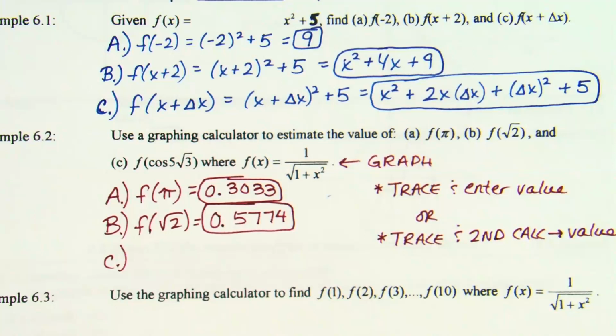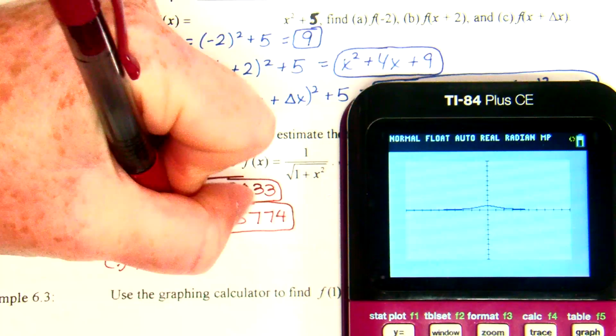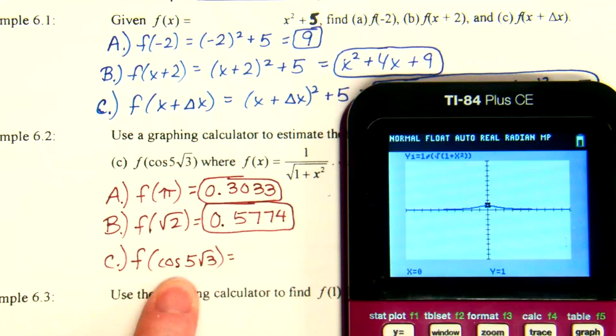You guys ready for C? Sorry, it's regraphing mine. So C is f of cosine of 5 square root of 3. So, I'm in my graph, I can just hit trace, and then what is the x value I'm going to type in?